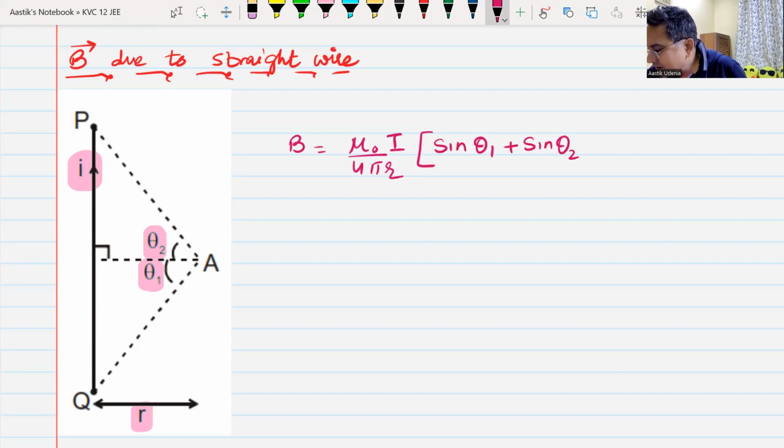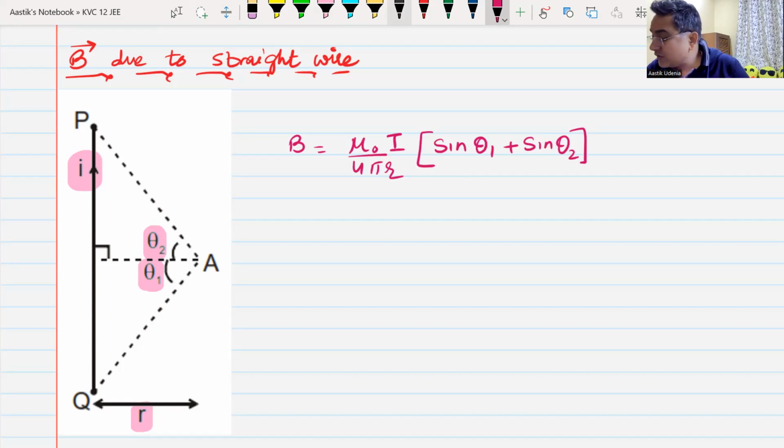And if you recollect, it looks similar to what we had done in the chapter on electric field. You can go and compare the two equations. The only difference here is this magnetic field is going into the board, and that electric field was in the plane of this board, and it had two components, x and y.